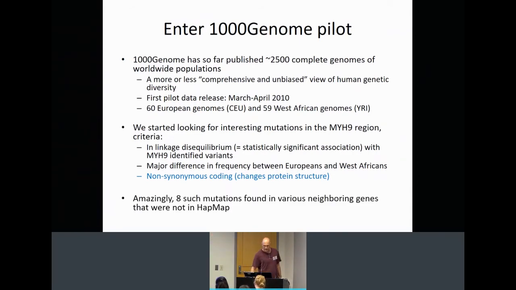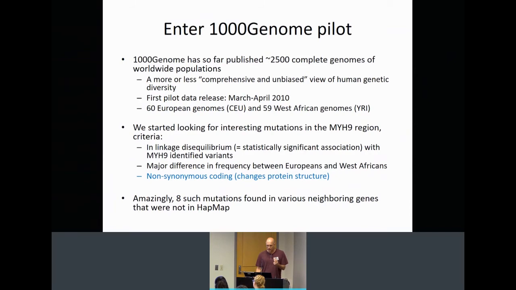And once you look at the genomes, you start finding many of these. None of them are in HapMap. These are 8 mutations in neighboring genes that are non-synonymous, with prevalence at least 10% in the 118 West African chromosomes that we had, and prevalence 0 or close to 0 in Europe.